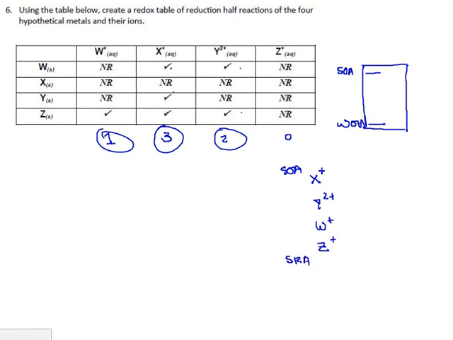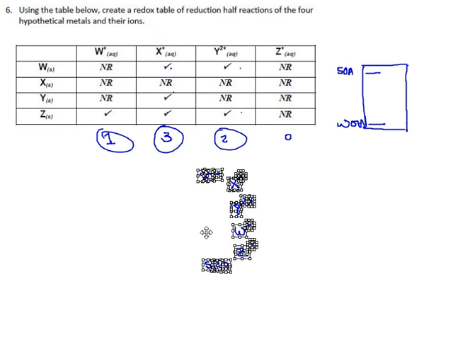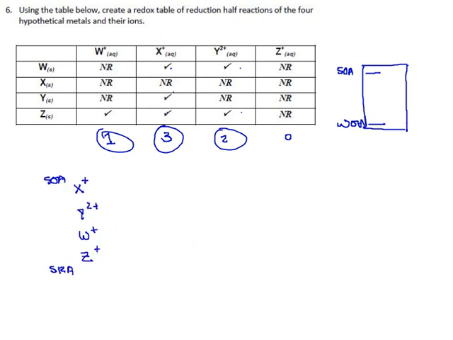Now, in some questions, that's all they want, but more often they'll ask for what this question wants, which is create a redox table, which means we need all this information, but we have to actually write a table like the one in the book, which means for each of these we have to do a reaction where it does its thing. It collects an electron. This one is plus 2, so it would want 2 electrons to turn into Y metal.